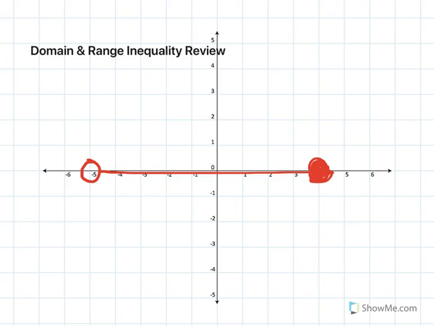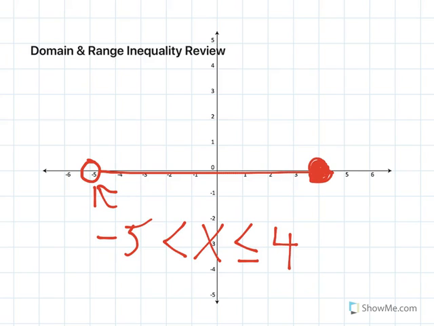Well, you know this is on the x-axis, so x is in the middle, and it's greater than -5, open circle, see right there, so no equal sign attached to this, but it's less than or equal to +4, because this is a filled-in circle right here. So if you understand that, then you can understand how to write domain and range using inequalities.